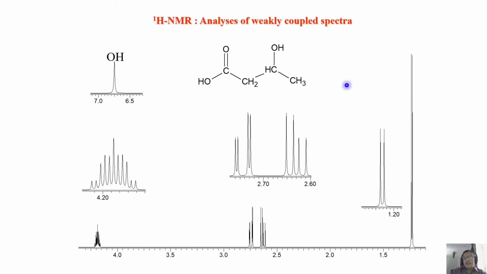True. See, there is one peak, and further, you all know CH3 comes at a very high field in the proton NMR spectrum. So in the high field, you see a clear doublet. So comfortably we can say this is CH3 and it is a doublet because of its coupling to the CH proton. That assignment is done.